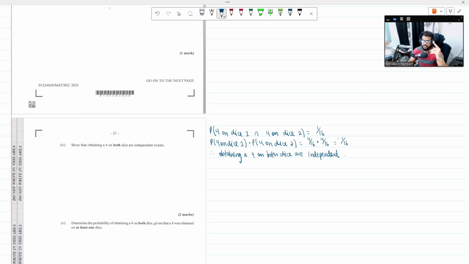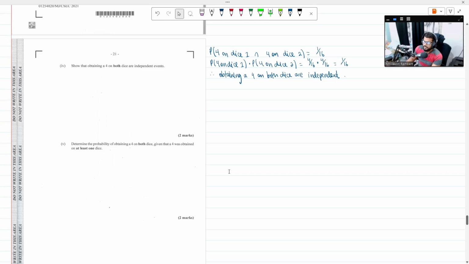We get that from the sample space diagram. The probability of a 4 on the first dice, we calculated that. That could be the probability of A multiplied by the probability of B. So listing the events might have the write-up looking a little bit nicer than what I have here.